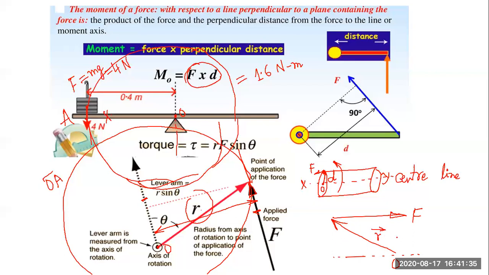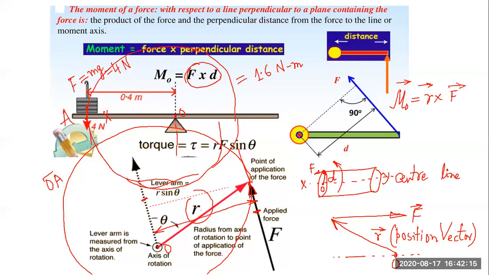This R is called the position vector. This F is the applied force. So the moment of the force F due to the turning effect about point O is given by R cross F, not F cross R. What is cross?